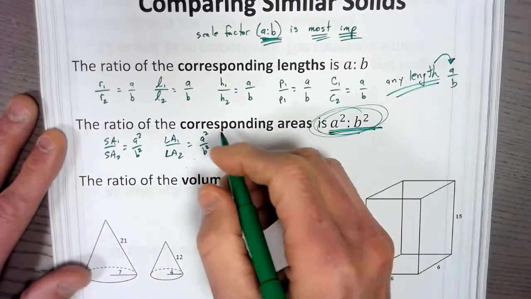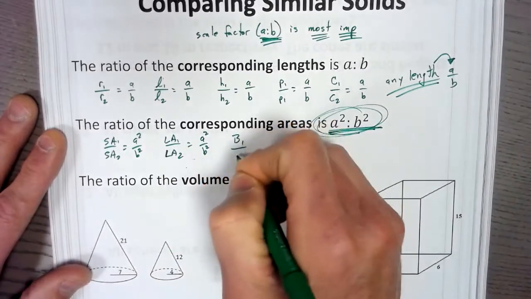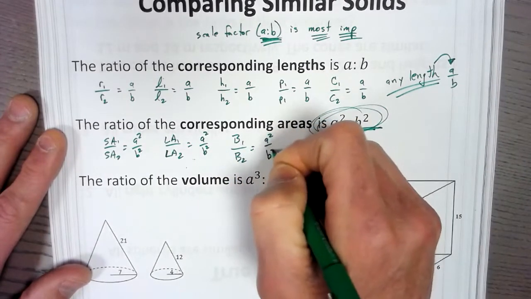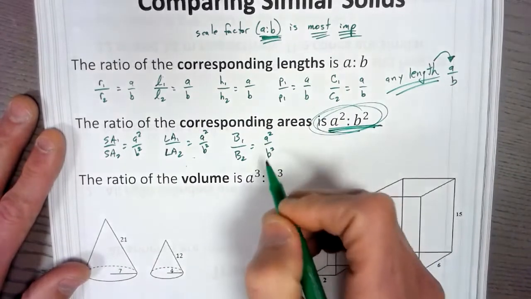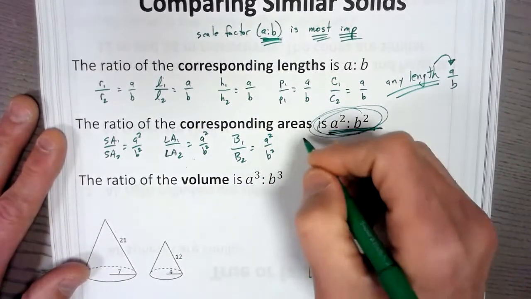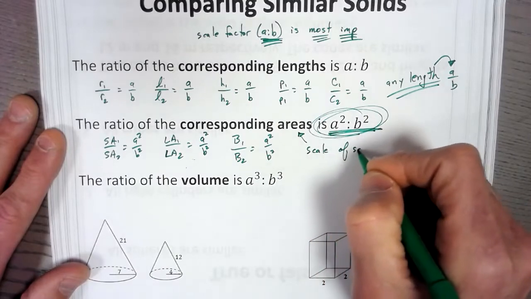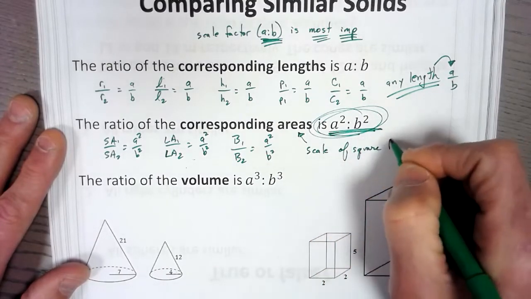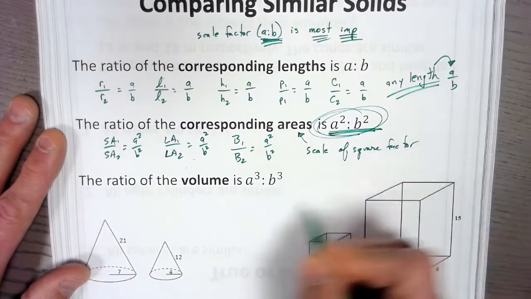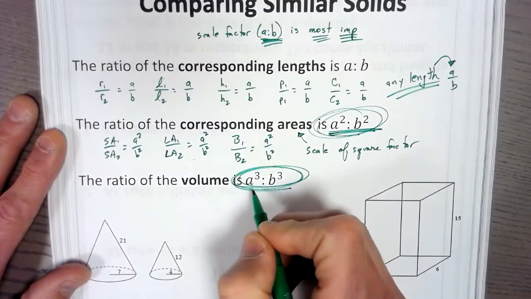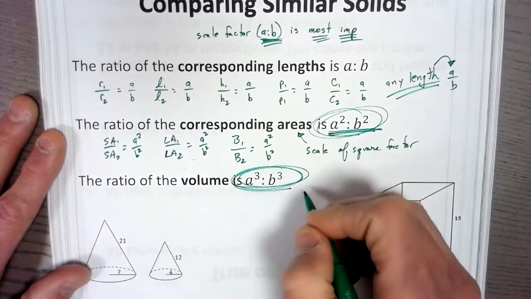And then what's the other one? Oh, base area, right? Base area of 1 to base area of 2 is going to equal A squared to B squared. Scale factor squared for area. And just because now we're in 3 dimensions, we cube the scale factor to get to volume.